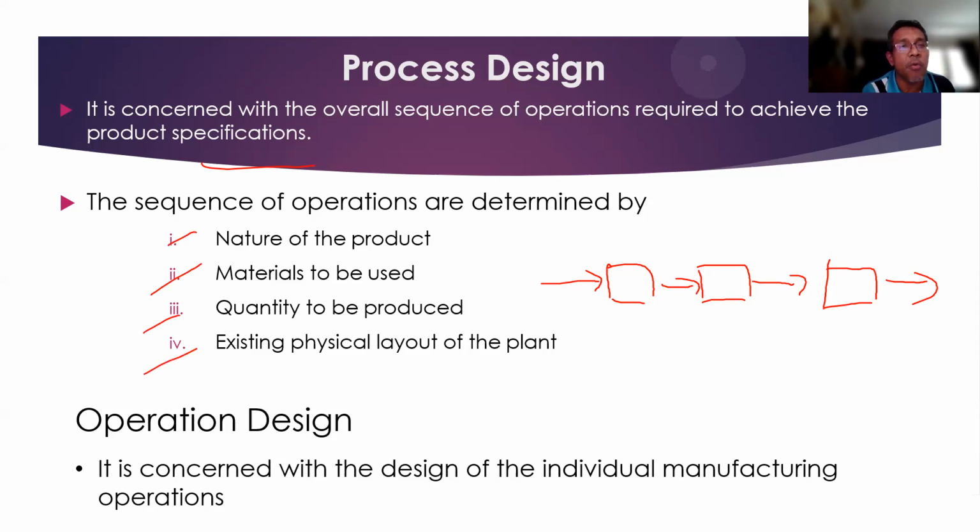And then the operation, like I said just now, the operation design is for each particular process. So they concentrate on that, concerned with the design of the individual manufacturing operation. So maybe this machine, you need to have a different operation.